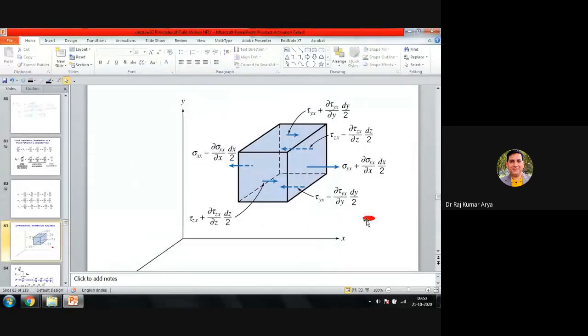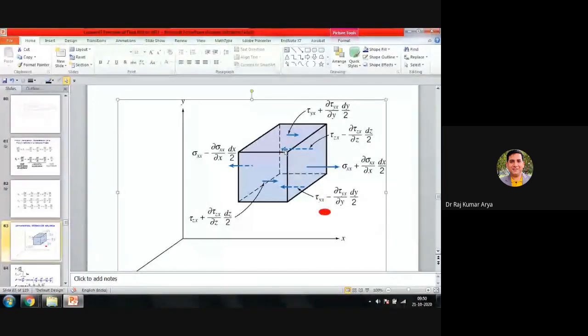So what this tau yx is, you are doing shear, y is the plane and x is the direction, because that's what we taught when I explained Newton's law of viscosity or shear force. There we wrote tau yx. So the first component is the plane, the second component is the direction.